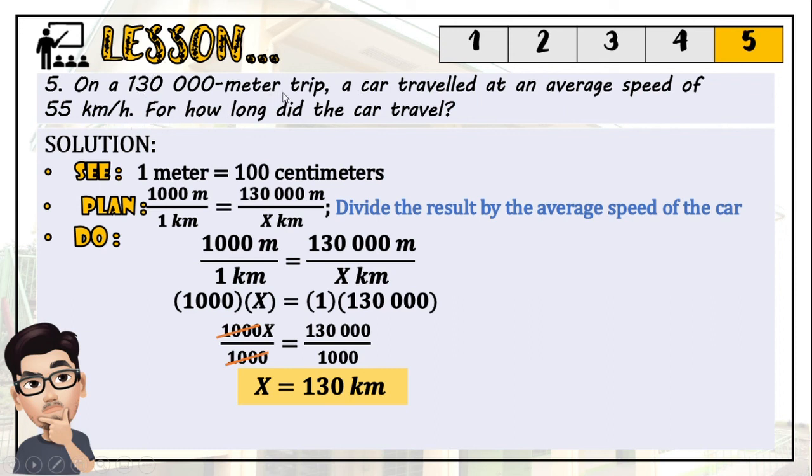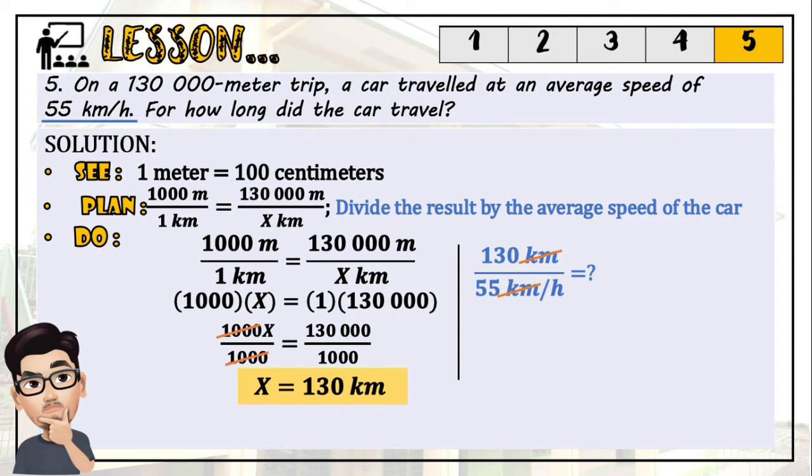How long will that be if its average speed is 55 kilometers per hour? So we need to divide the result by the average speed of the car, which is 55. So from that, we will have 130 kilometers divided by 55 kilometers per hour.